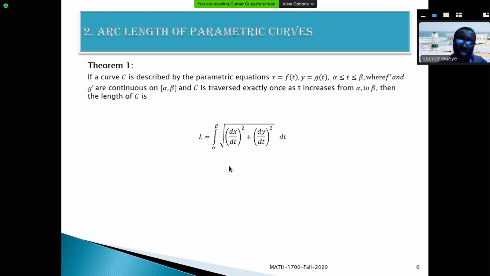And the integral becomes the integral from alpha to beta, because t is between alpha and beta, given by the question here. And you calculate dx by dt, you square it, plus dy by dt squared. And this formula is exactly equal to the previous one. We just adapted it to our parametric equations.